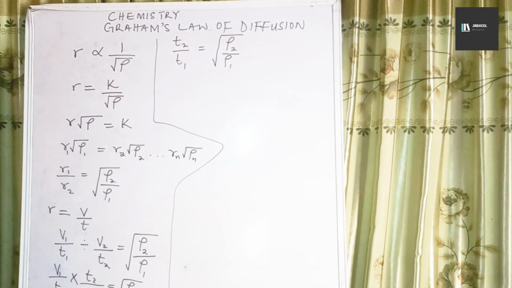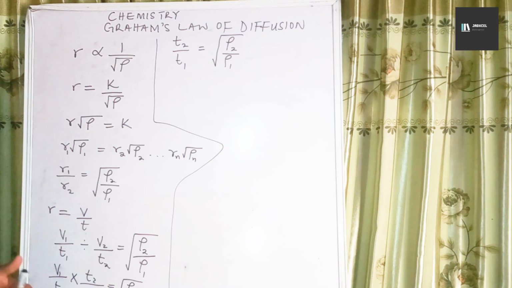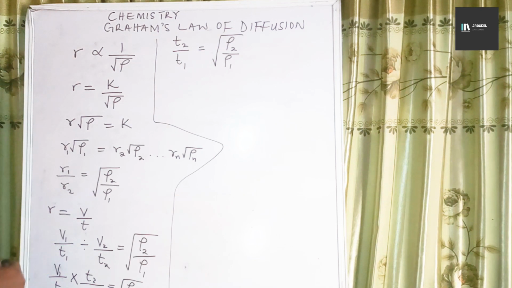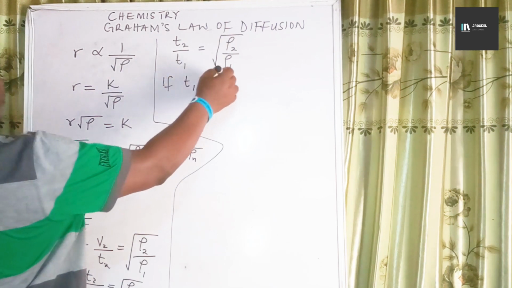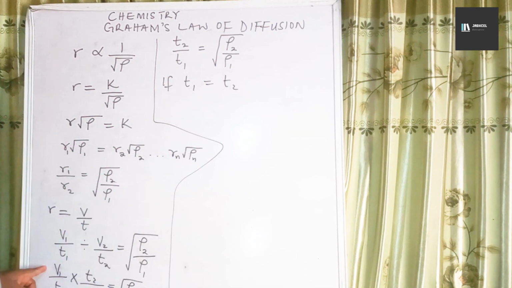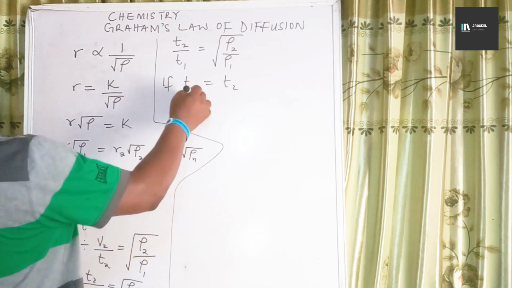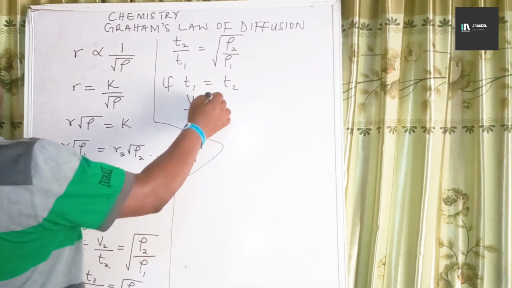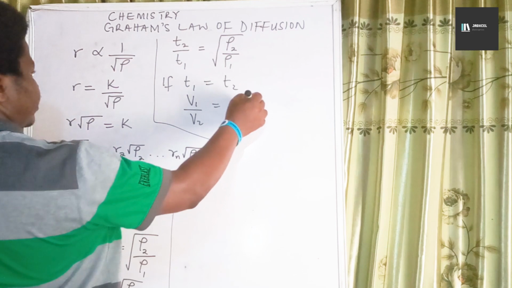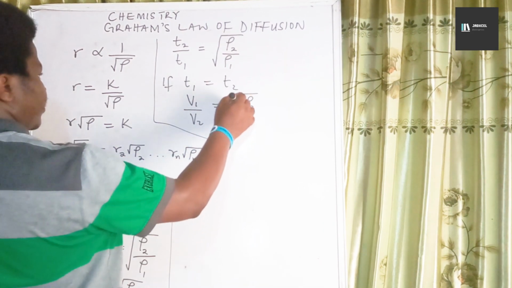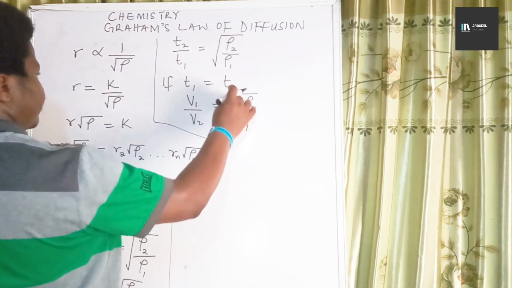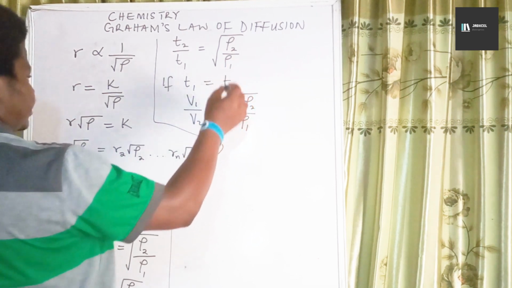Then there are times when we have the gases diffusing at the same time. So if T1 equals T2, then from this expression we have V1 over V2 equals square root of density 2 over density of the first gas.